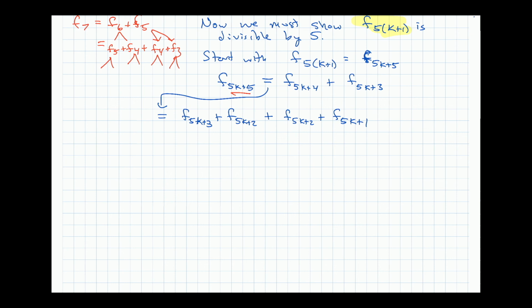Now I understand that you're probably looking at this going, okay, you can start splitting these up. Every Fibonacci number splits into two other Fibonacci numbers. But you probably don't know how far we're going to split this. When do we get to stop? Well, you're just going to see me do it, and then you'll see when we get there why we've gone far enough. And I can show you where far enough is, by the way.